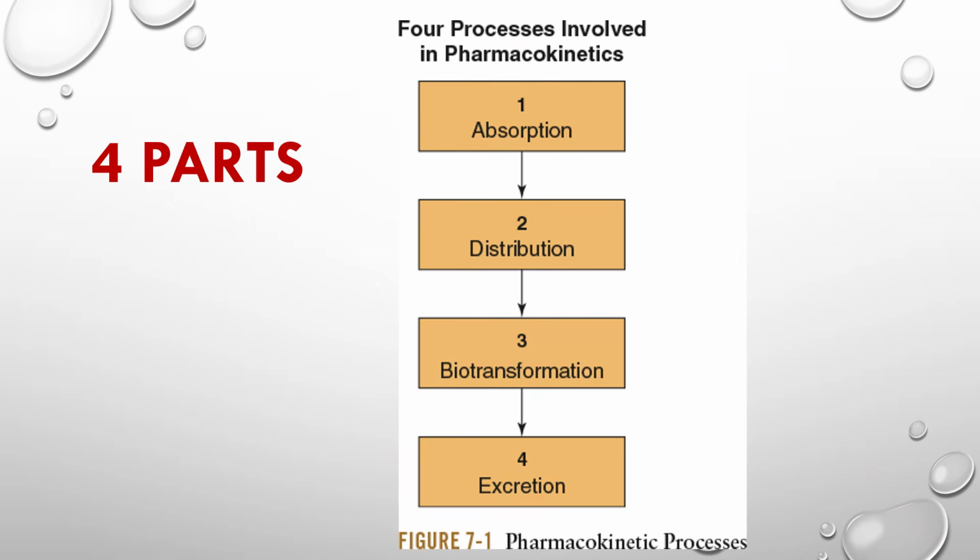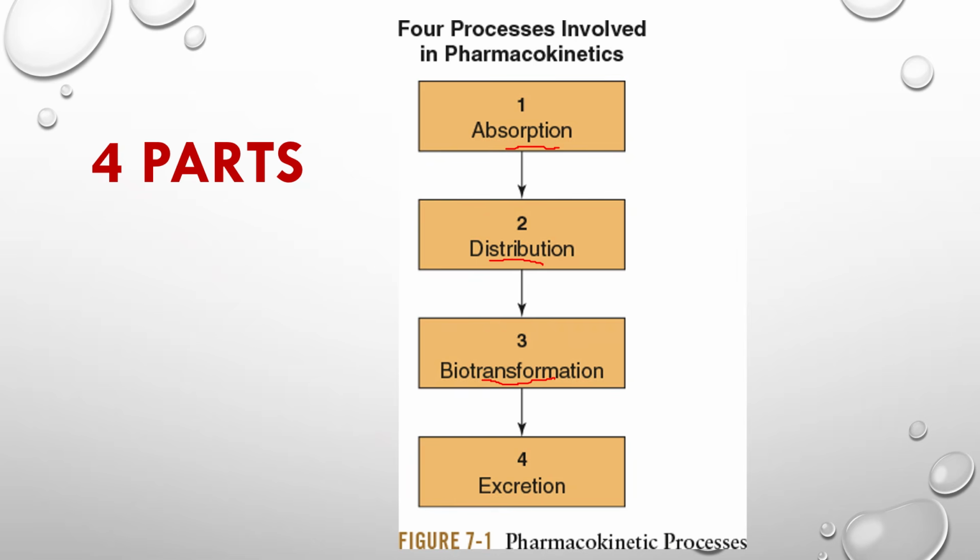With pharmacokinetics and what the body's doing to this drug, there are 4 parts. So the first part is absorption. So how is the drug actually getting into the body? Then once it's in the body, we have distribution, how it gets throughout the body into all the cells. Metabolism or biotransformation, those are used interchangeably. So metabolism or biotransformation, same thing.